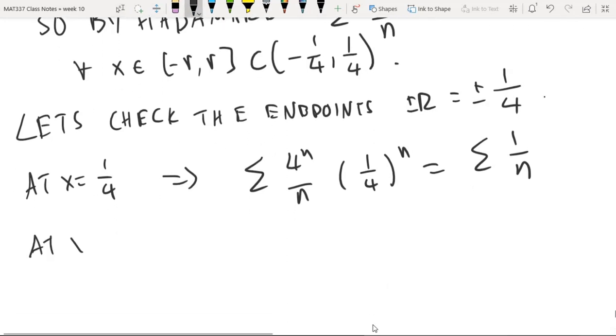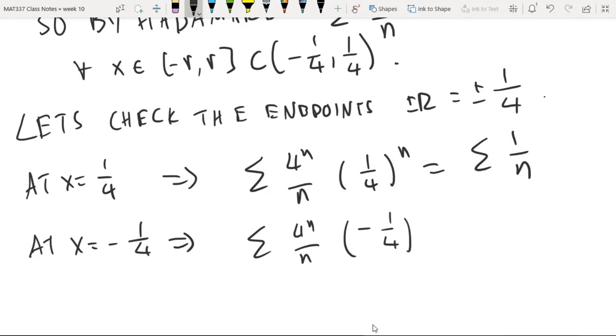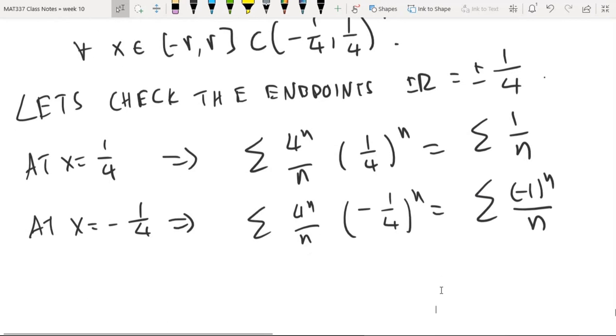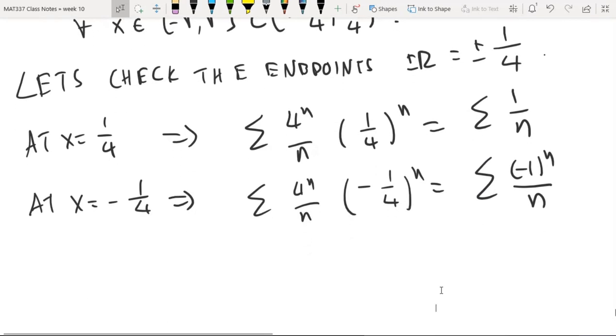And at x equal to minus 1/4, you get 4^n times (minus 1/4)^n, so you get (minus 1)^n. Hopefully you know which one converges and which one doesn't.